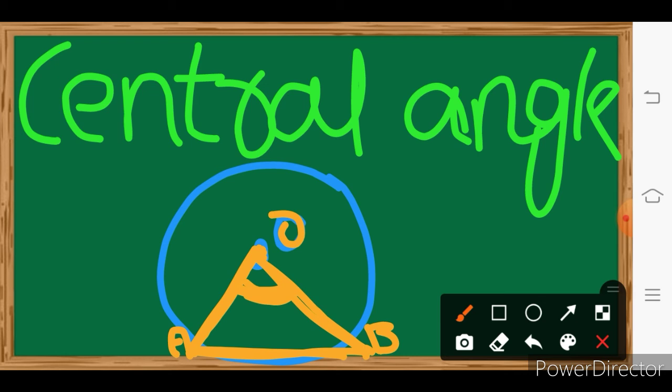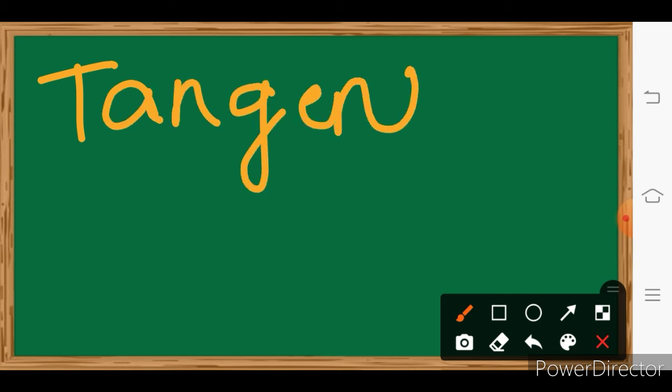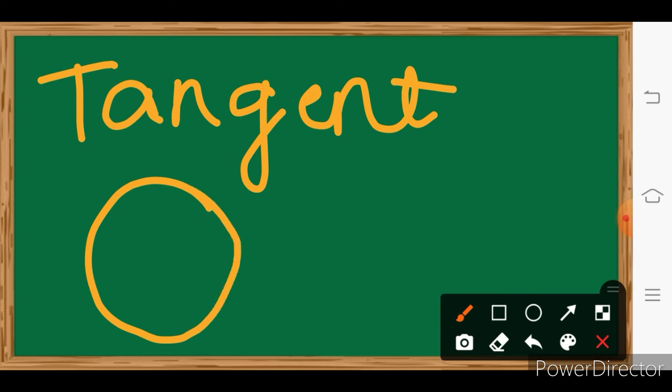Next is tangent. If we take a circle, this is the origin, that means point O or the fixed point. A tangent of a circle is a straight line which touches the circle at a point.